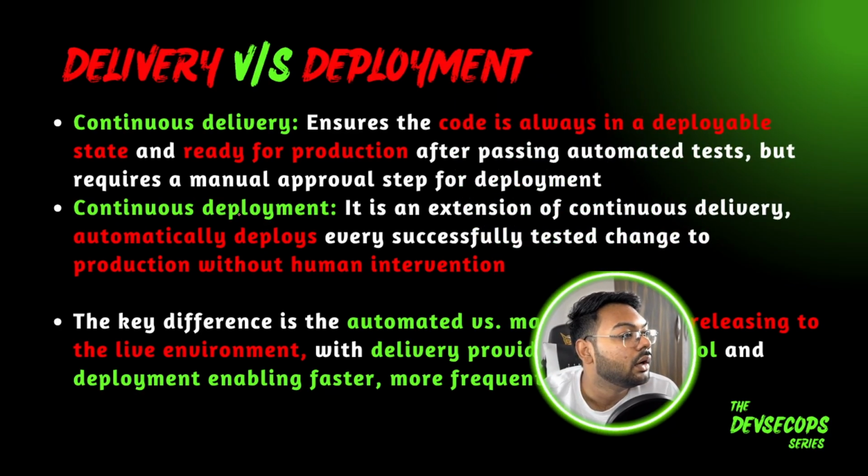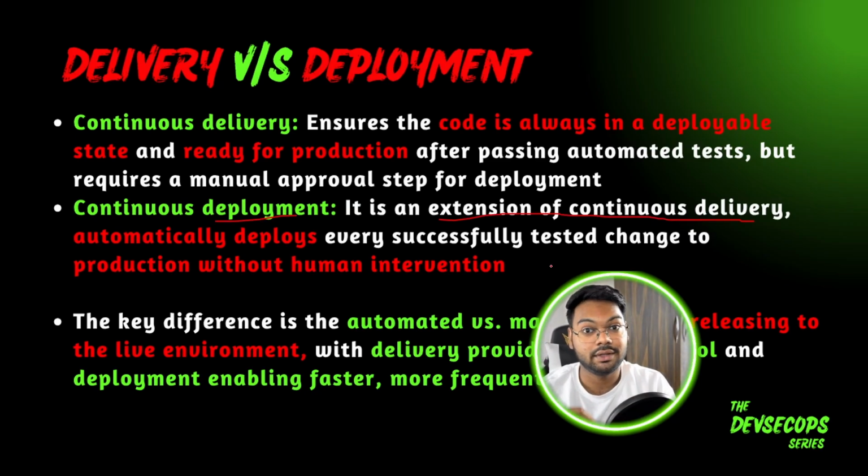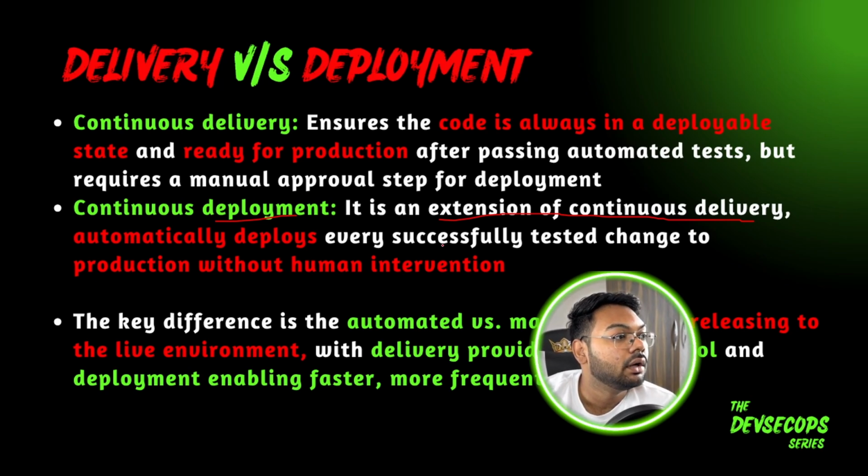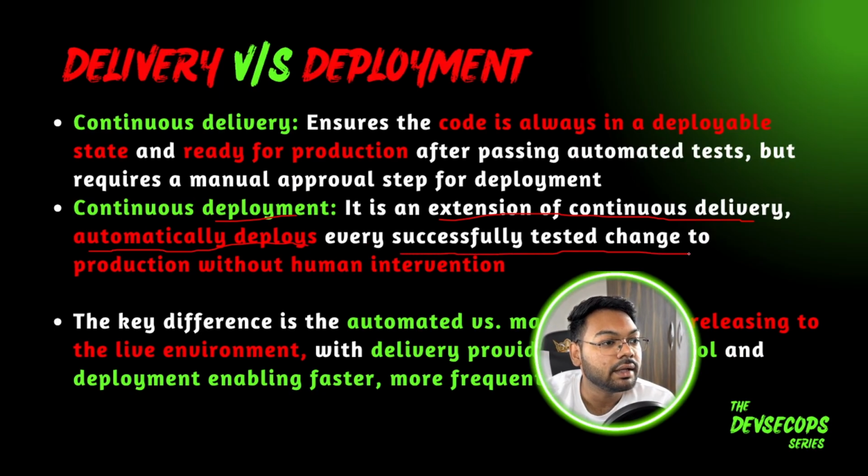Now, continuous deployment, CD, is an extension of continuous delivery. It is doing the same things: keeping your code ready, making sure it builds properly, nothing fails, and it is in a deployable state with the entire infrastructure ready. Continuous deployment will automatically deploy every successfully tested change to production without human intervention.